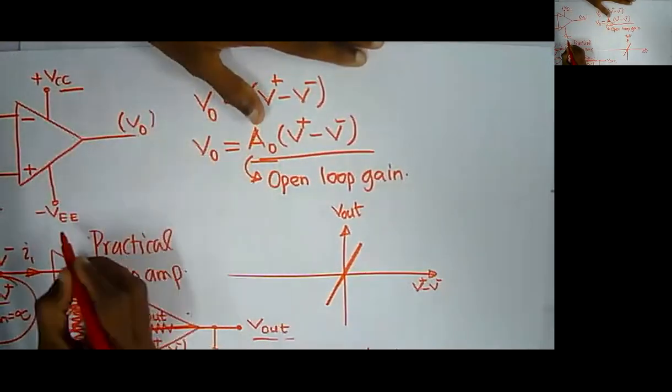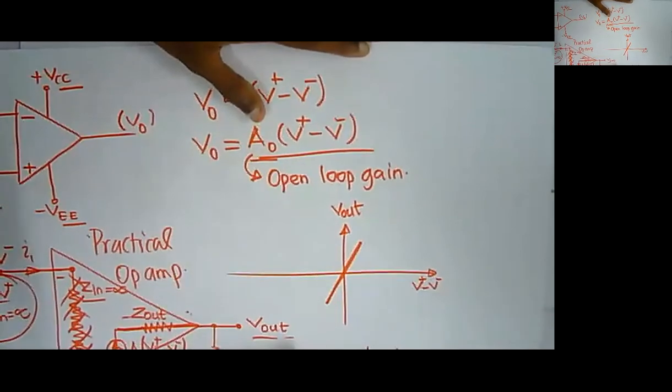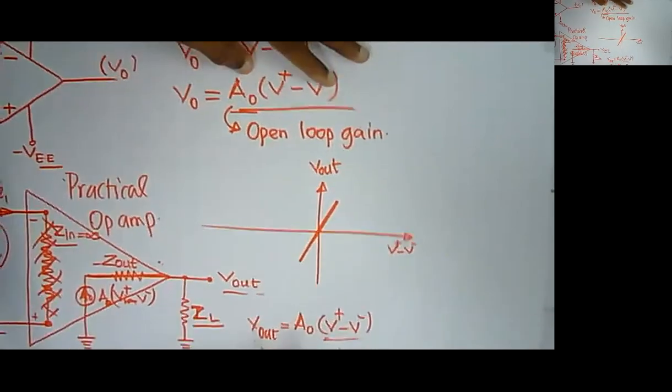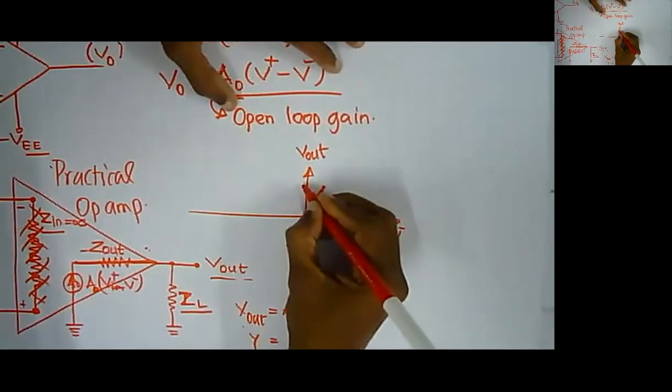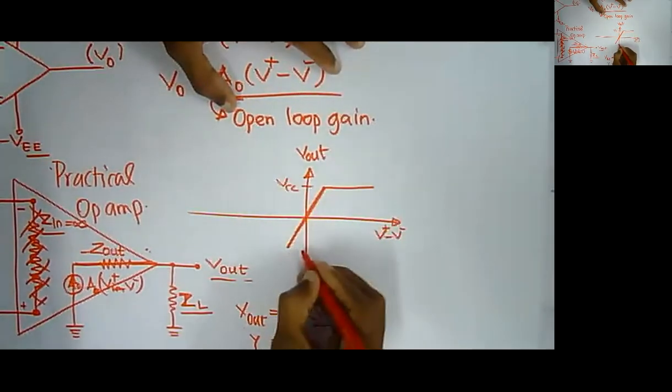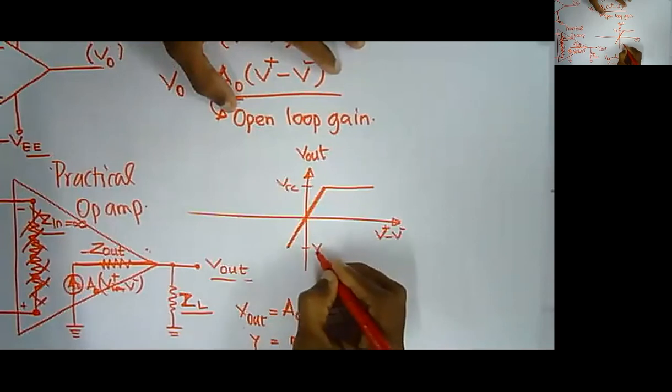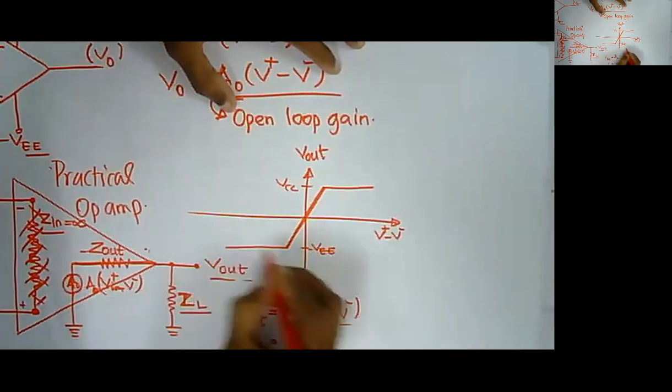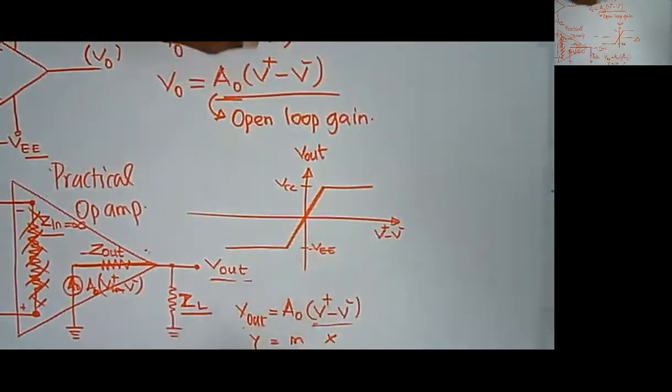As I said earlier, it cannot go beyond VCC and it cannot go beyond minus VEE. So if this is VCC, that will be saturated, and if this is minus VEE, then that will be saturated. This will be the characteristic curve of a practical operational amplifier.